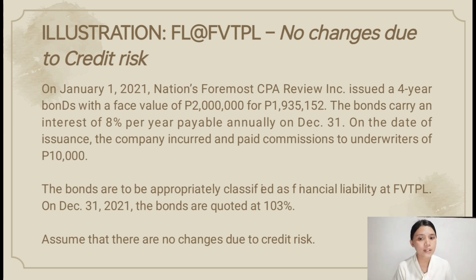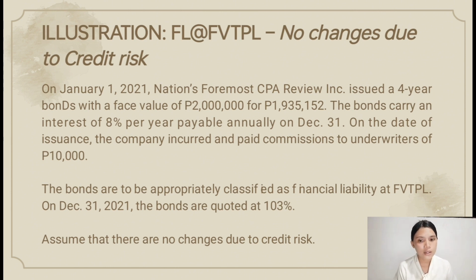So I have your illustration. The first illustration is the financial liability at fair value through profit or loss, no changes due to credit risk. On January 1, 2021, Nation's Foremost CPA Review Incorporation issued 4-year bonds with a face amount of 2 million for 1,935,152.